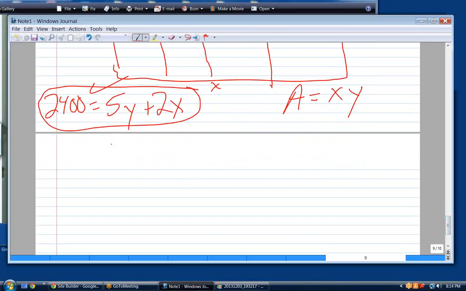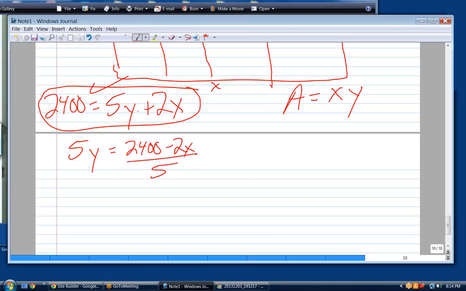Solve this one for Y. Alright, so 5Y equals 2,400 minus 2X. And then divide everything by 5, and you get Y equals 480 minus 2/5 X. Okay, now let's go over to the area function, the one we're going to maximize.